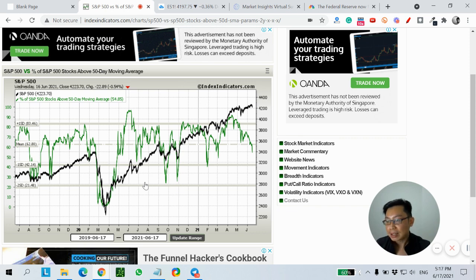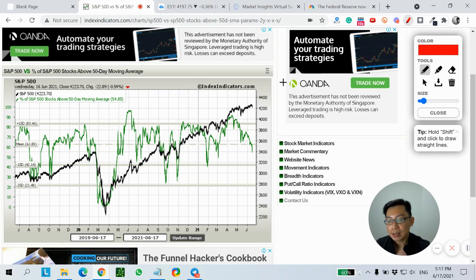As mentioned, this green line is the number of stocks above the 50 days moving average. Right now, at this moment in time, we are at about 17th of June 2021. The reading says about 55%, so 55% of all the stocks in the S&P 500 are above the 50 days moving average.